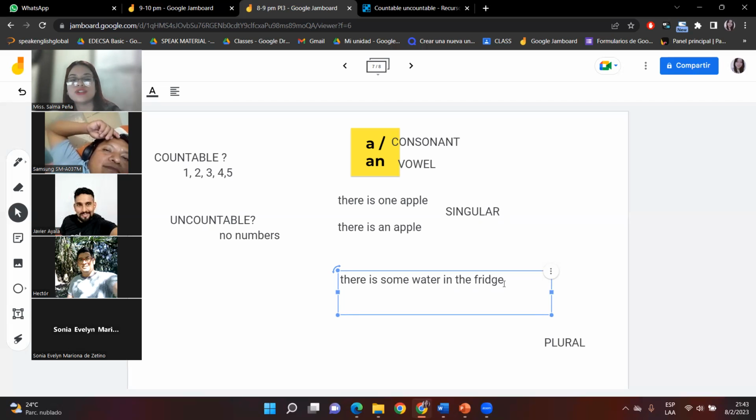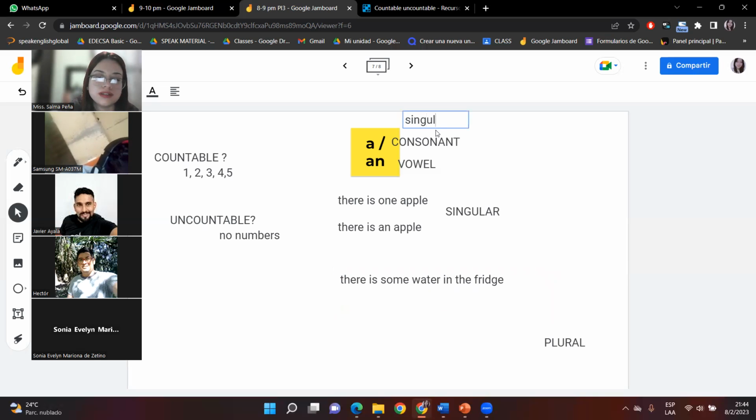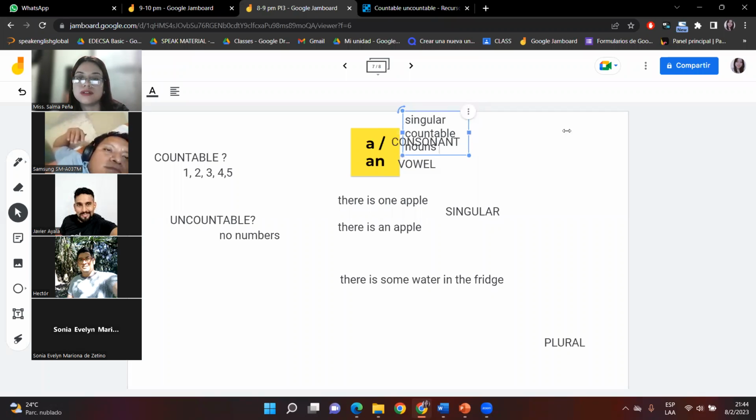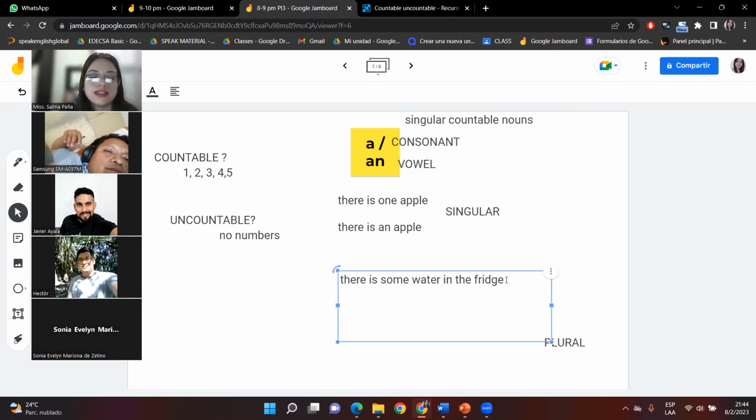A or an is just for singular countable nouns. Remember, every single time, it is for singular countable nouns.